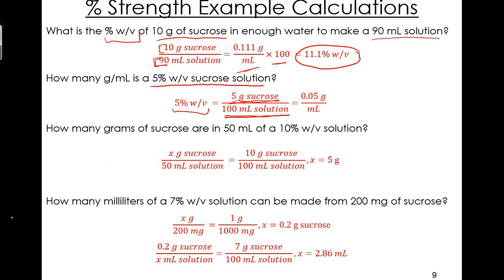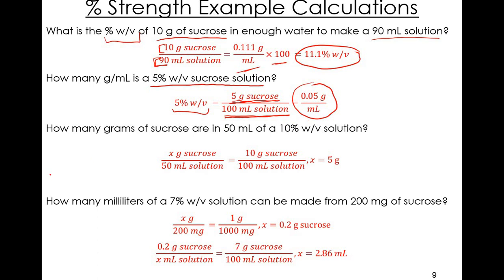And that's the definition of percent, the amount per 100. If you divide that through, that gives you a decimal of 0.05 grams per milliliter. So in problem 1, we multiplied the decimal to get a percent, and in problem 2, we divided the percent to get a decimal.